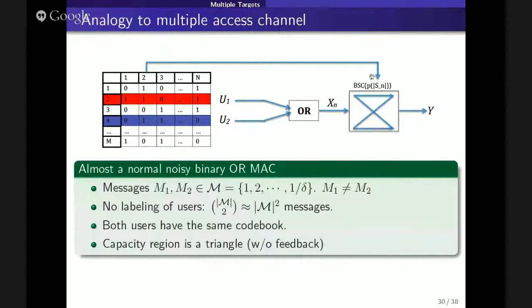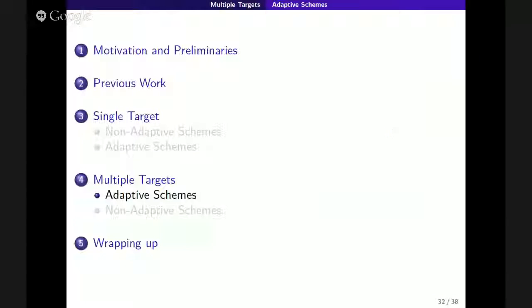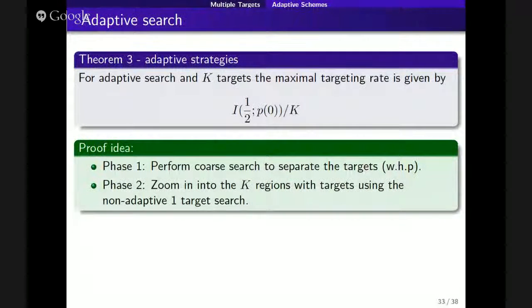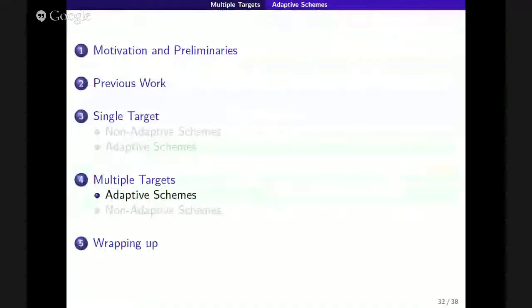So in our problem, we have this line here which governs the noise. The codebook governs the noise in some sense, the size of the region. So here's theorem 3. For multiple targets, I start with the adaptive scheme, since it's easier.